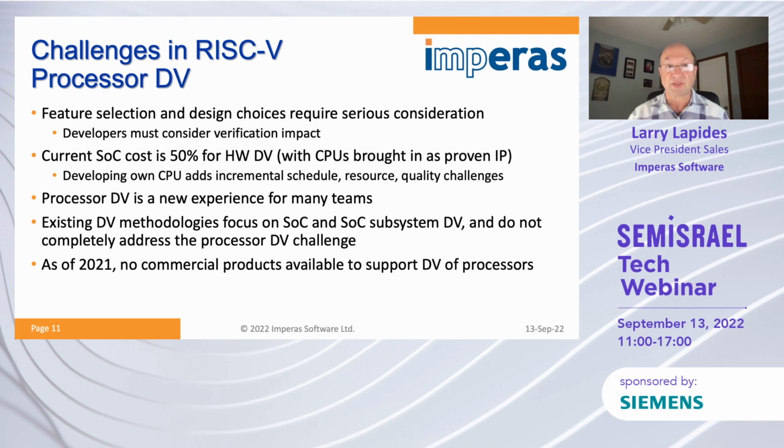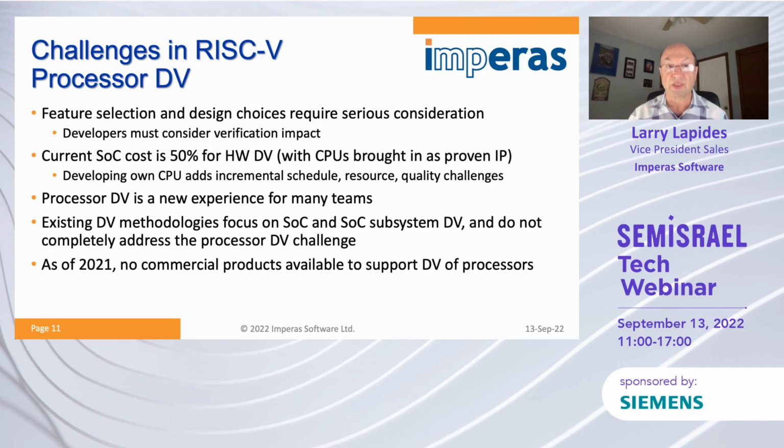50% of the current SoC cost is for hardware DV when the CPUs are brought in as proven IP and there's no verification required. Developing your own CPU adds incremental schedule and resource and quality challenges. Also, processor DV is a new experience for many teams.